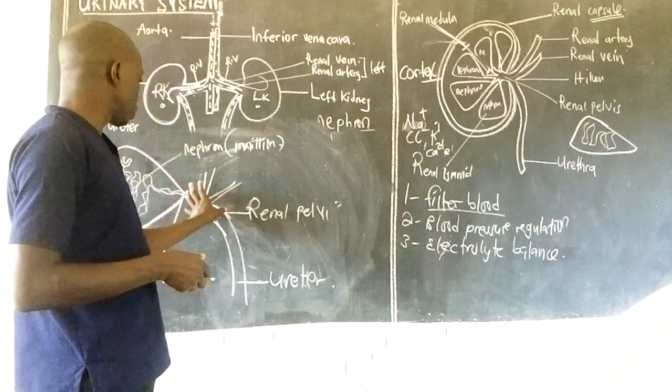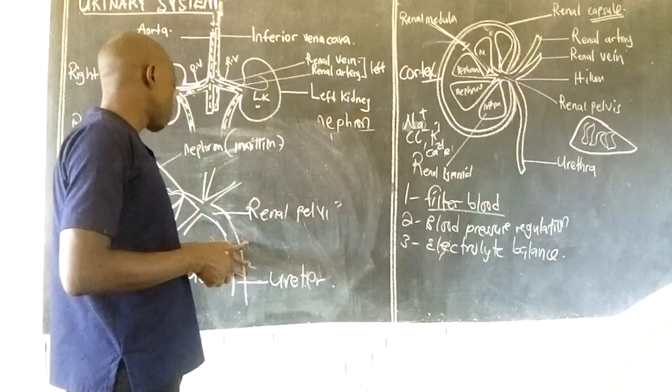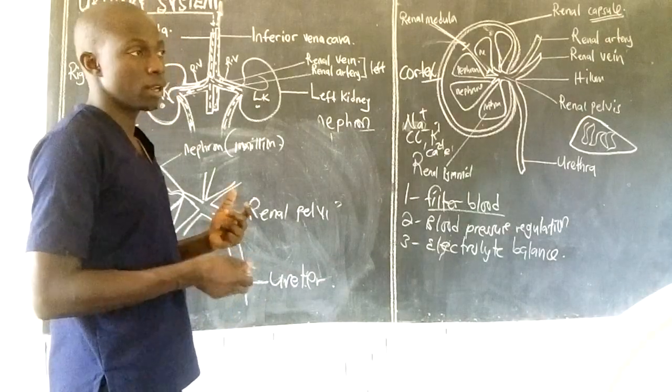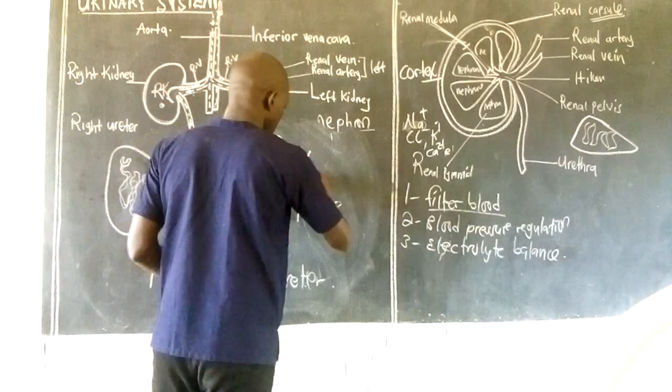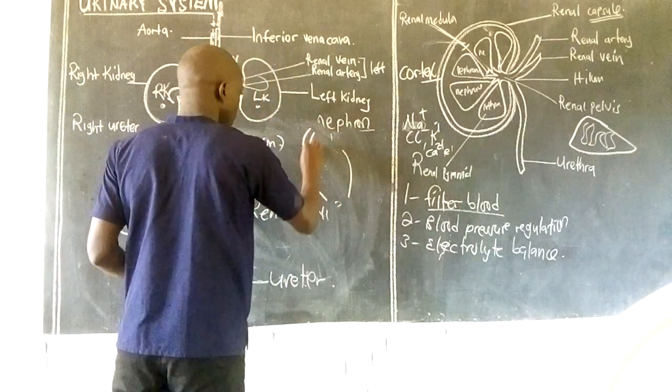So they stretch, and then urine is passed to the urinary bladder, and they end in the urinary bladder at the posterior end.